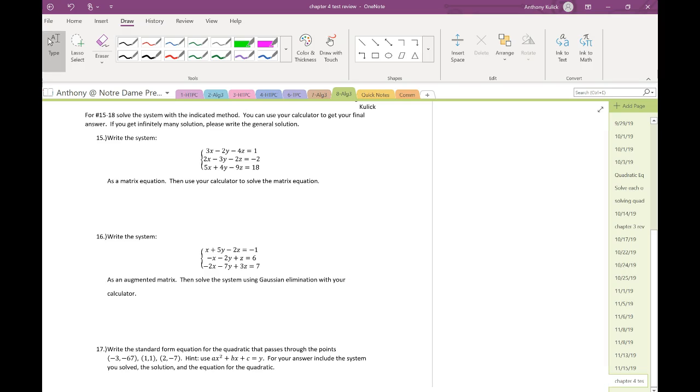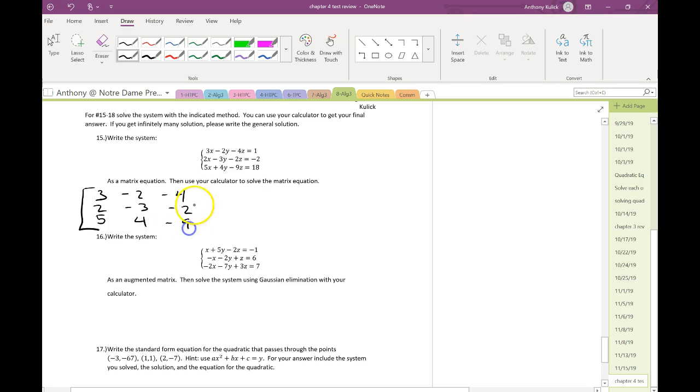So this says to write the system as a matrix equation and then use your calculator to solve that matrix equation. Okay? So the matrix equation starts with our coefficients matrix. So I'm just going to copy the coefficients. That's my coefficients matrix. I'll call that A. And then it has a variable. I'm going to multiply that by the variable matrix.